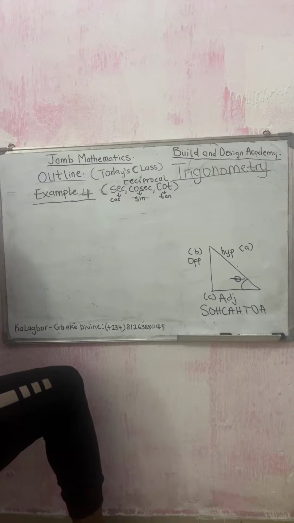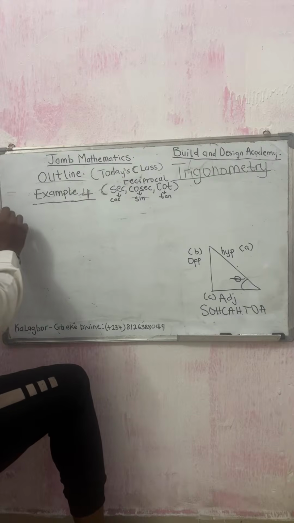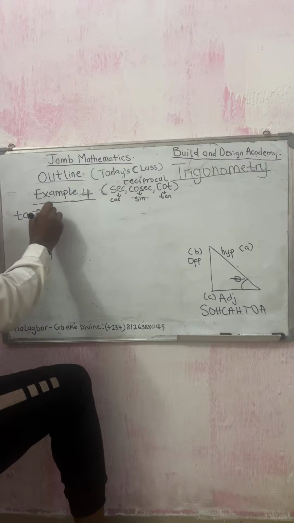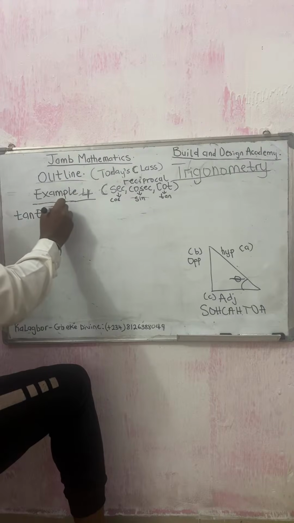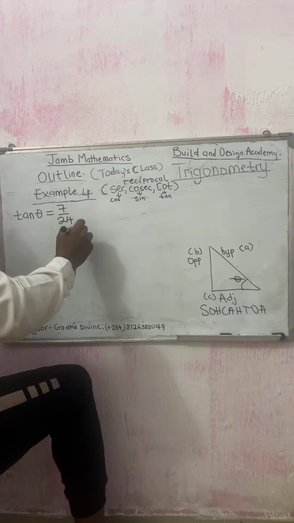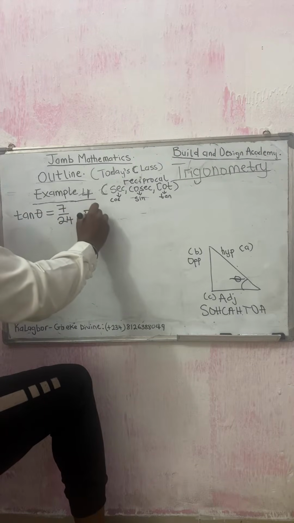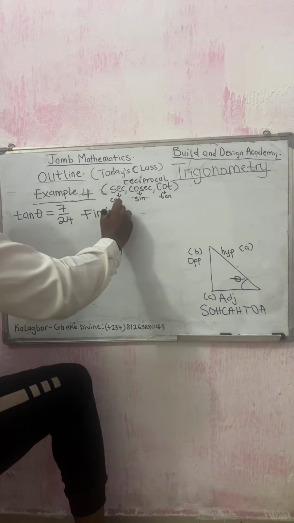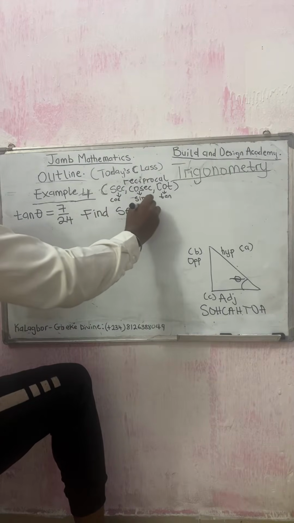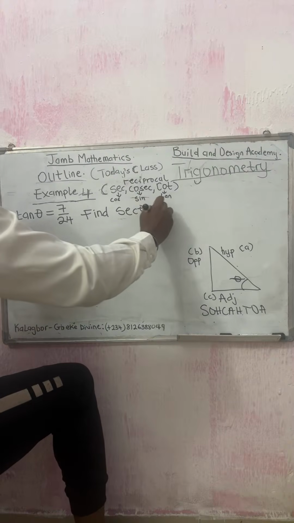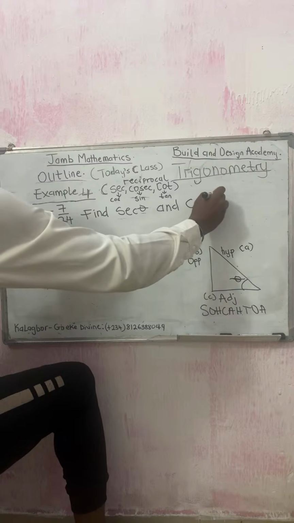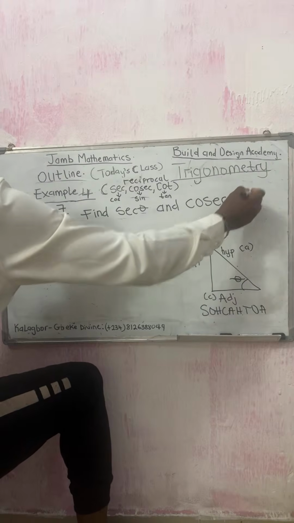So example 4 says tan theta is equal to 7 over 24. We should find sec theta and cosec theta.